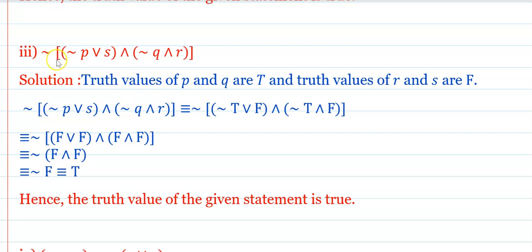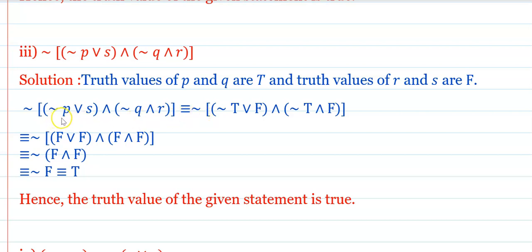Next, negation in bracket, negation of P or S, and negation of Q and R. The truth value of P and Q is true and R and S is false. Therefore, negation in bracket, negation of P or S and negation of Q and R is equivalent to negation.